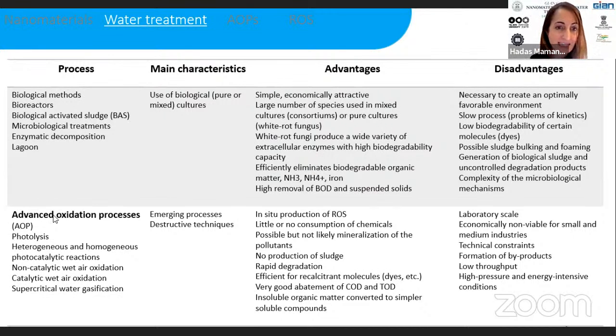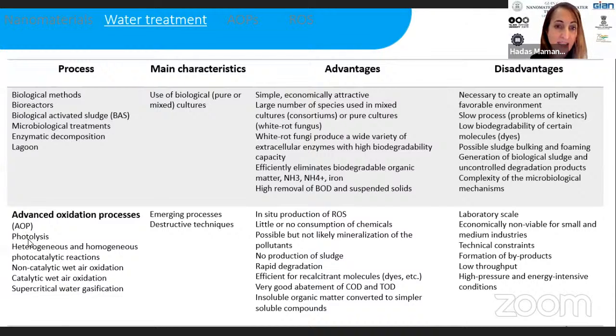And as I said, in some cases, since the AOP increases the biodegradability of the effluent, we can have a recycling stream back to the biotreatment in order to reduce the BOD even further, okay?